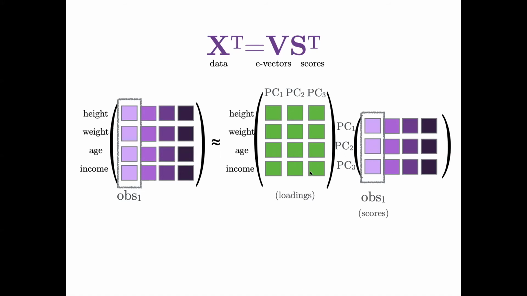So this is this observation's coordinate along the first principal component, second coordinate along the second principal component. Now I have an approximately equal to here. Why is that? Well, because my data matrix, as shown, is 4 by 4, and so I should have 4 principal components. Since I'm only showing 3, it means that I have dropped one from this diagram.